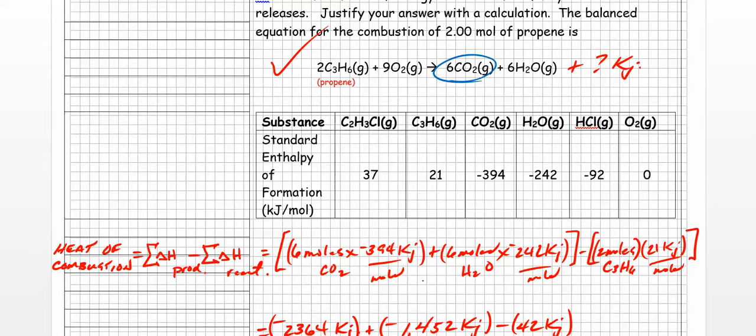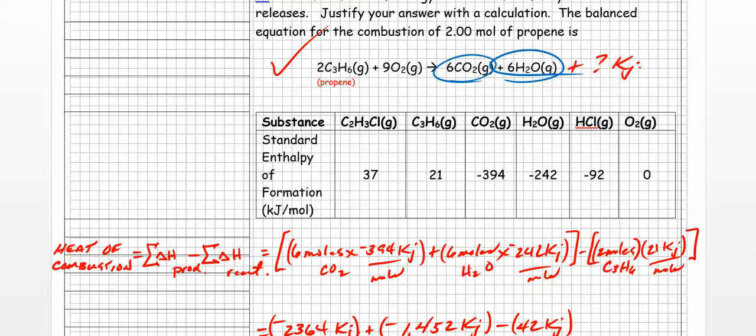How about the 6 moles of water? Well, what I'm going to do here is multiply 6 moles of water times minus 242 kilojoules per mole, since water has a heat of formation of minus 242 kilojoules per mole. Again, moles and moles will cancel. I'm left with kilojoules.